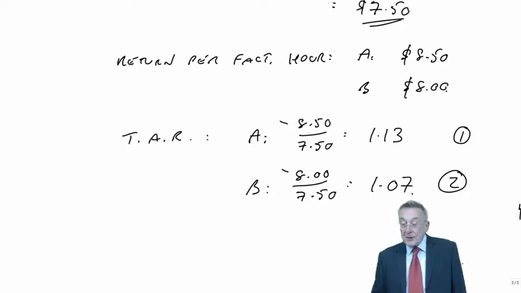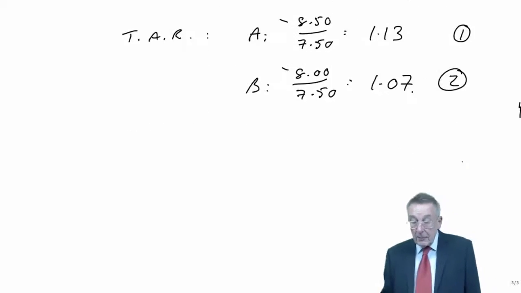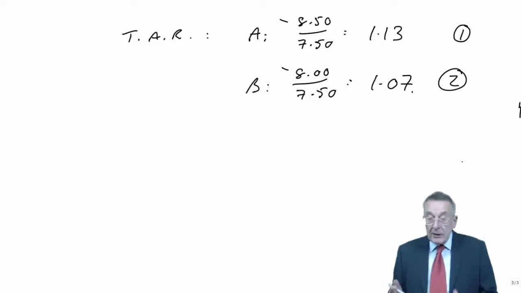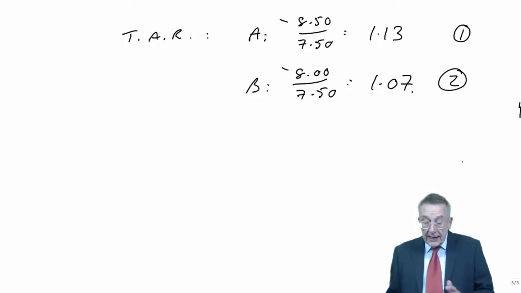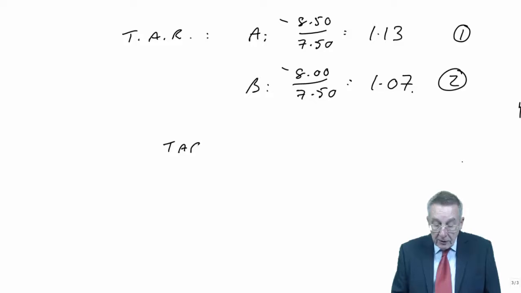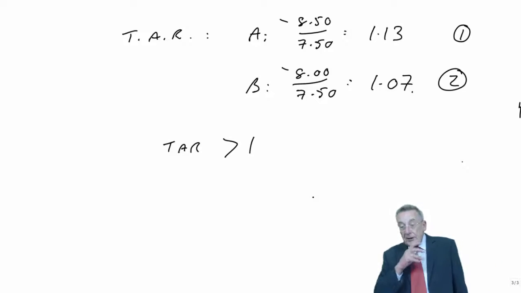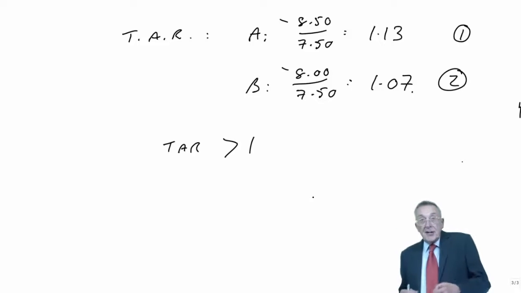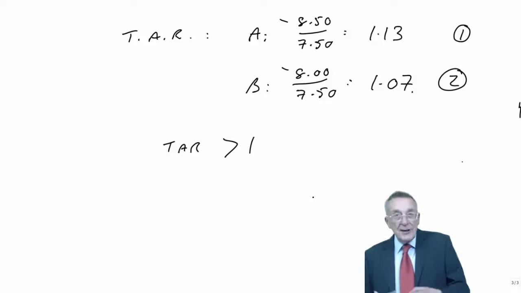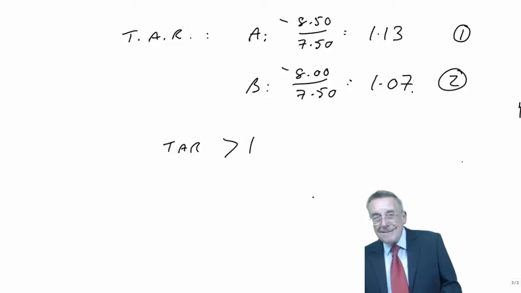The other thing though, of course, is if you think about it, we'd like to try and achieve a throughput accounting ratio more than 1. We've got these fixed costs. It's costing us $7.50 an hour to run the factory.